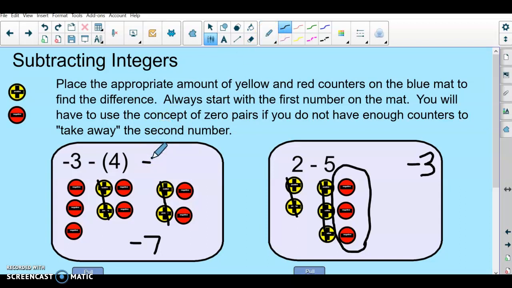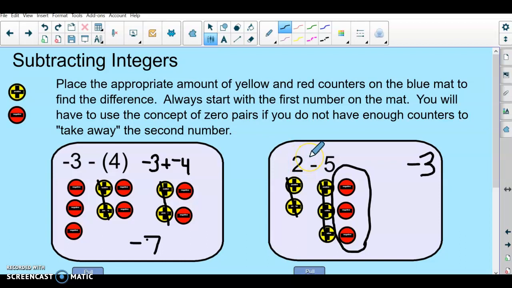To subtract a positive number, it's the same thing as adding the negative number. So we change this to addition, make this the opposite, the additive inverse, -4, and now we can sing our song. Same signs, add and keep. These are the same signs. We're going to add and keep the sign.